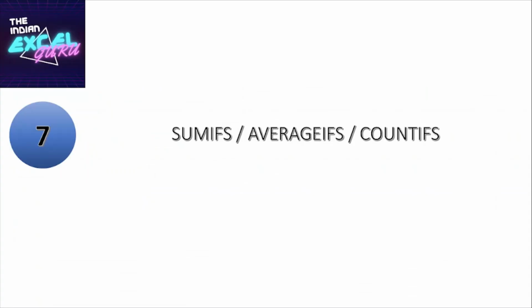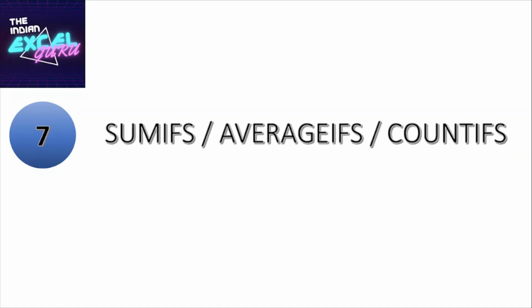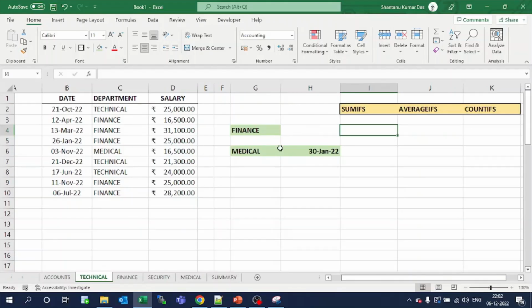Next, let's move to the seventh functionality, to use the IFS, that is SUMIFS, AVERAGEIFS and COUNTIFS. Let's see how we can use it. Let's go through an Excel sheet in which we will first explain how to use SUMIFS. Here the target is to sum all the salaries of the finance department.